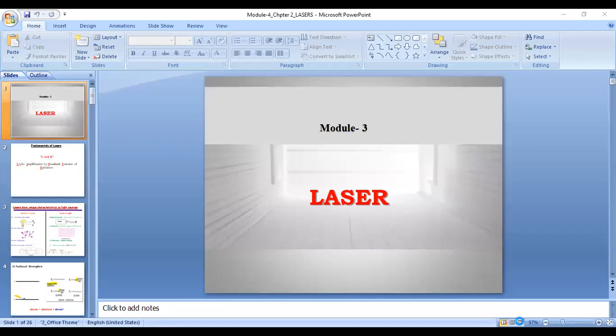Can you see this PPT slide? Please raise your hand. Module 3 laser. Can you see this? Okay, thank you. Now I will change the slide. Now, please someone write in the chat box. Can you see this comparison between normal light and laser light? Please someone write in the chat box. Can you see this slide?